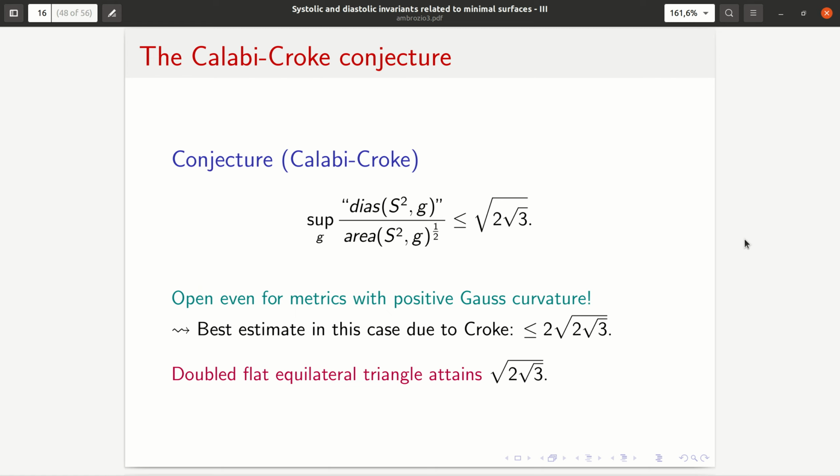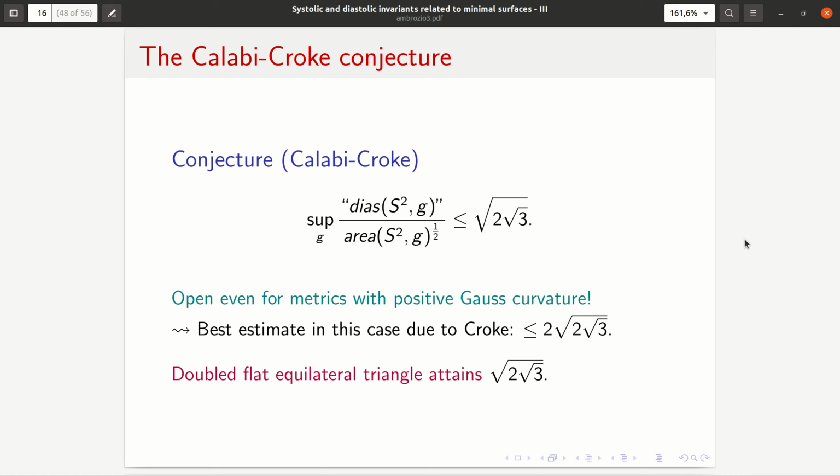So without making a picture it is a bit difficult to explain, but if you use your imagination, you can imagine what the diastole is.